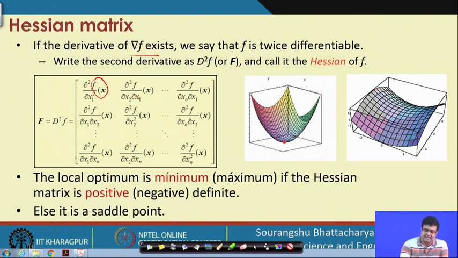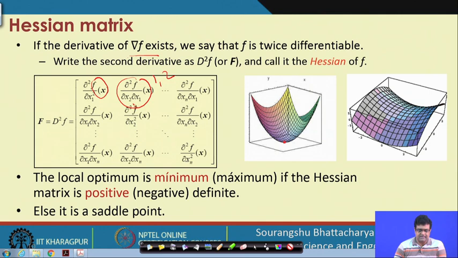For example, this is the entry 1 2, first row and second column, and as you can see it is the derivative of f with respect to x1 and then with respect to x2. One can show that it does not really matter what order you differentiate, and hence this Hessian matrix is always a symmetric matrix.